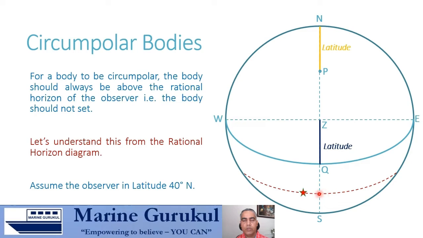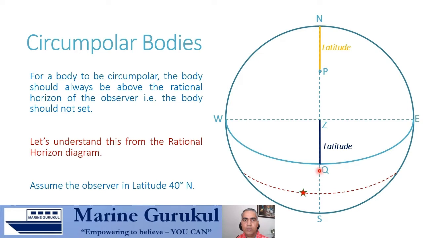It will cross the meridian of the observer at this particular point and then cross over to the western side, and eventually it will set at this particular point on the western horizon. And we can see here that this body is certainly not circumpolar, because at this particular point it is going to go below the horizon of the observer.